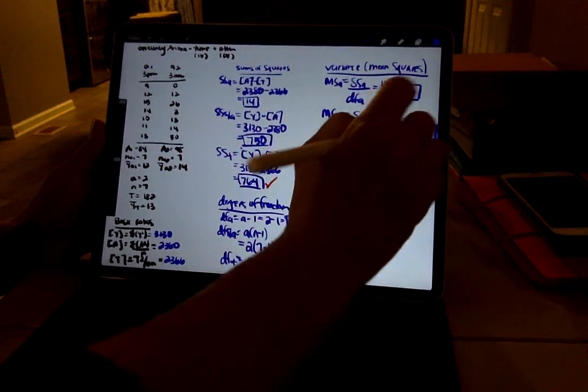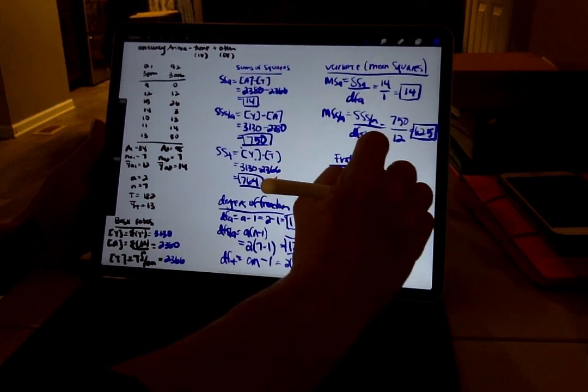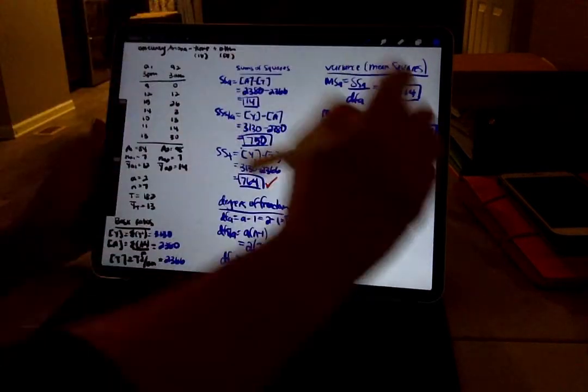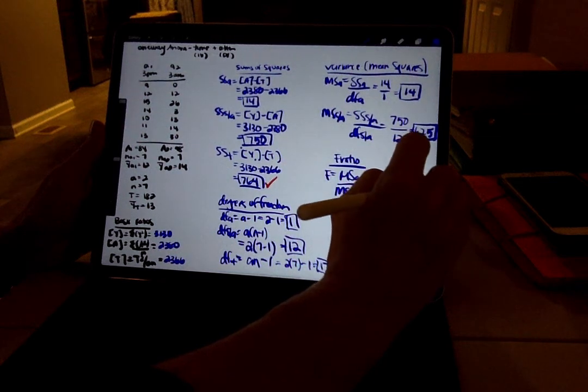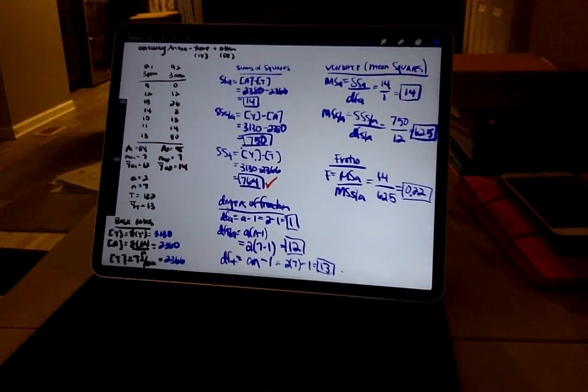So we're just going to take these numbers from up here. Our mean square A is 14. Our mean square S over A is 62.5. And when we do all the math on that, we get 0.22.